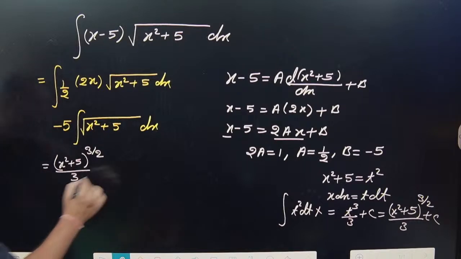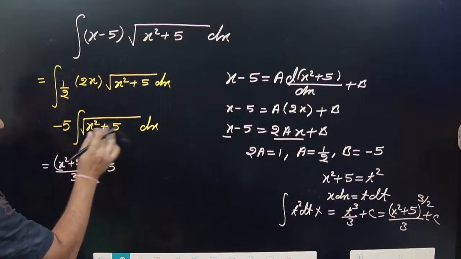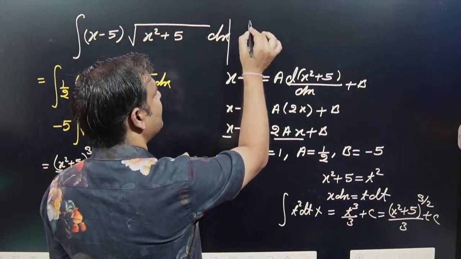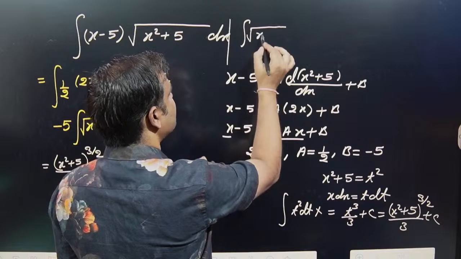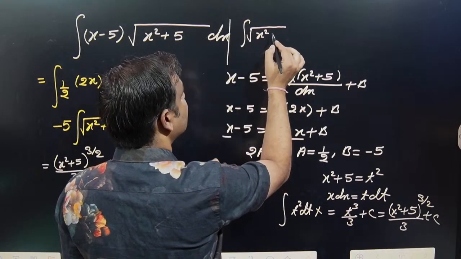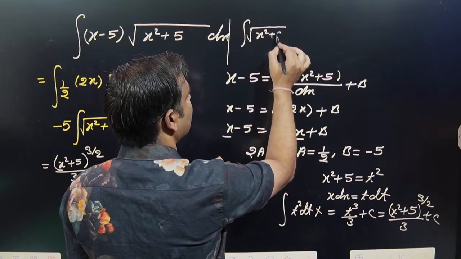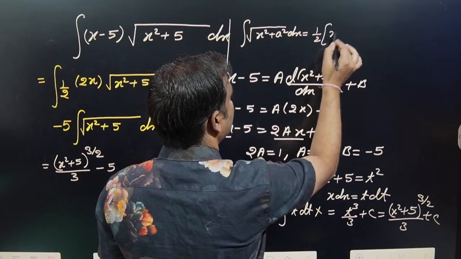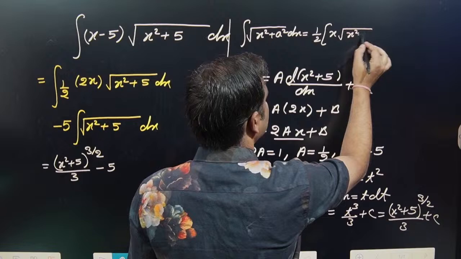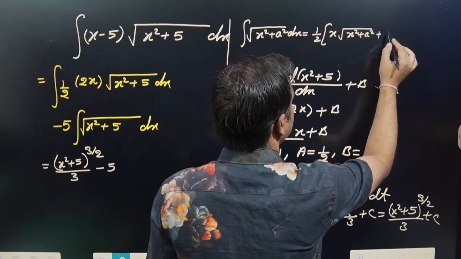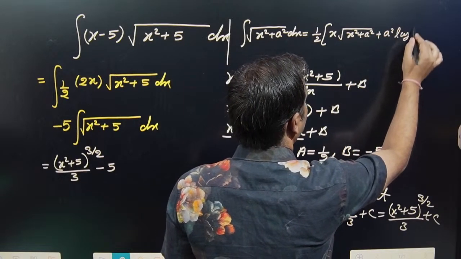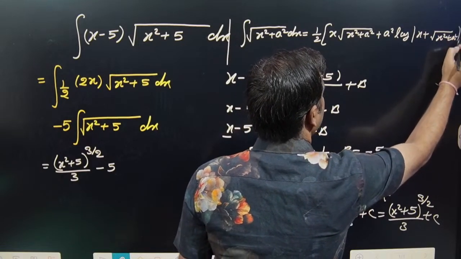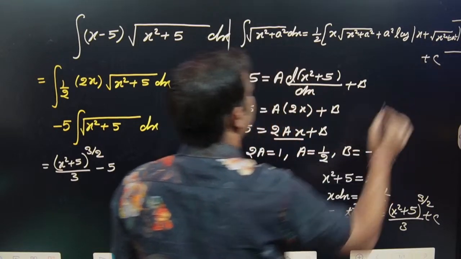Now minus 5. What is that value? I know that the integration of the square root of x square plus a square dx is written as 1 by 2 x into the square root of x square plus a square, plus a square by 2 into log of modulus of x plus the square root of x square plus a square, plus c.